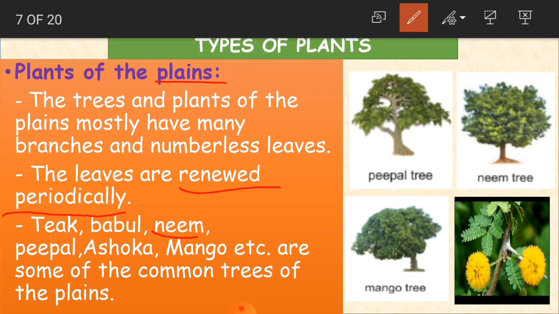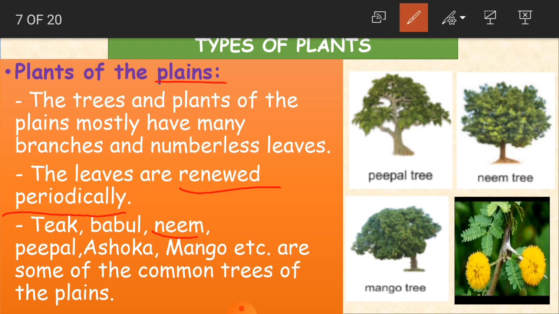Many houses also have a neem tree in the empty spaces, and even mango trees. We have also seen peepal trees and ashoka trees. These are some trees which grow on plains. You can see them in the diagram also.